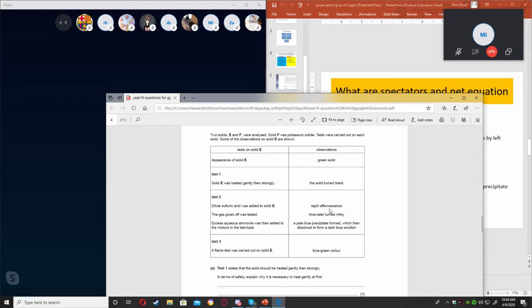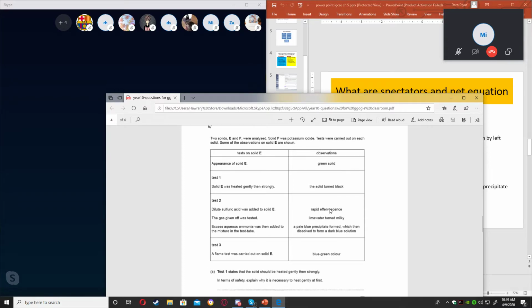The appearance of solid E is a green solid. Do you remember, when we were at school, I explained about colored precipitation. We said that copper has a green color.